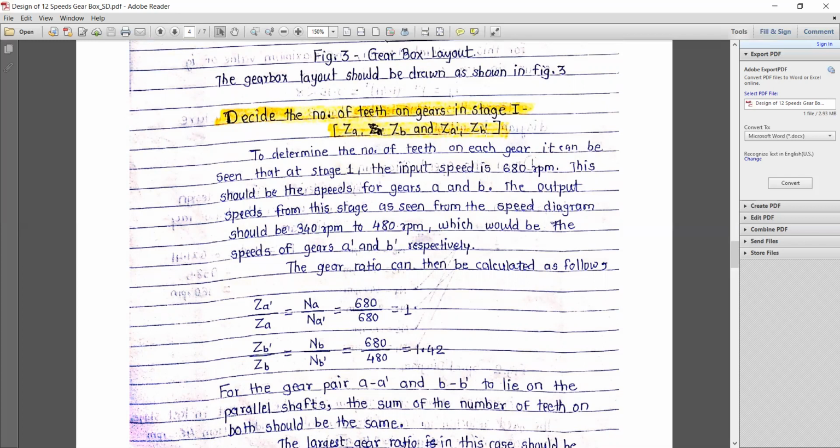To determine the number of teeth on each gear, it can be seen that at stage 1 the input speed is 680 rpm. This should be the speed for gears A and B. The output speed from this stage, as seen from the speed diagram, should be 340 rpm and 480 rpm, which would be the speeds of gears A dash and B dash respectively.